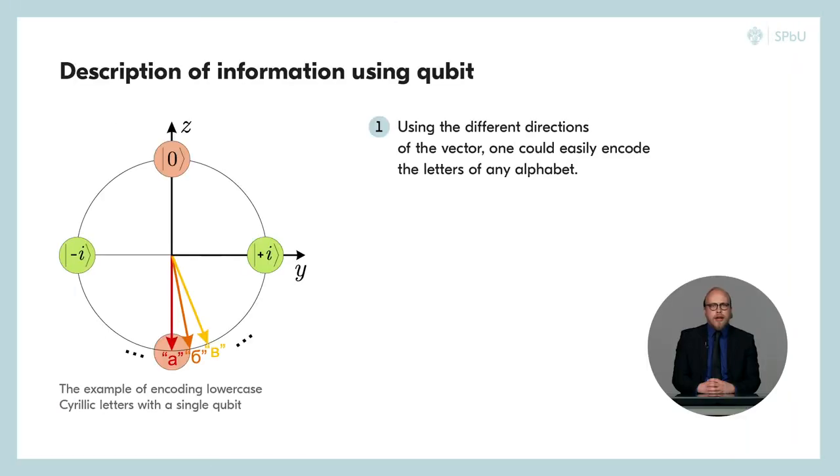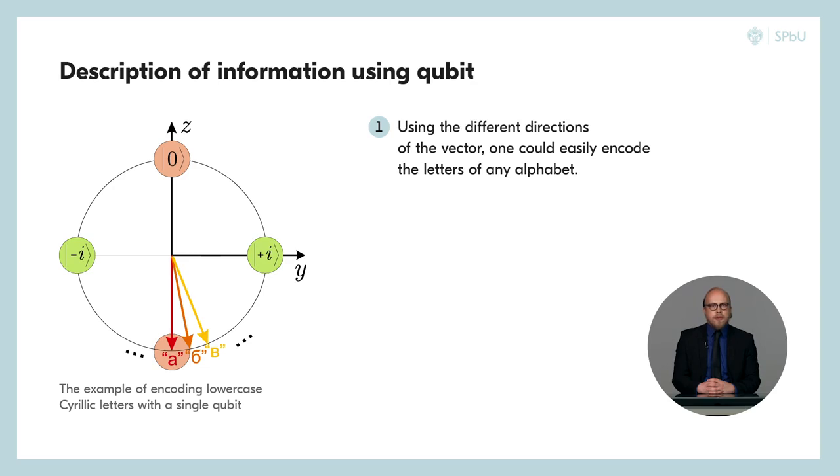As we can see, each pair of values of theta and phi angles corresponds to some direction of the psi vector, that is, some quantum state of the qubit. Thus, since the number of points on the sphere is infinite from the geometrical point of view, the number of different states in which one qubit can exist is also infinite.